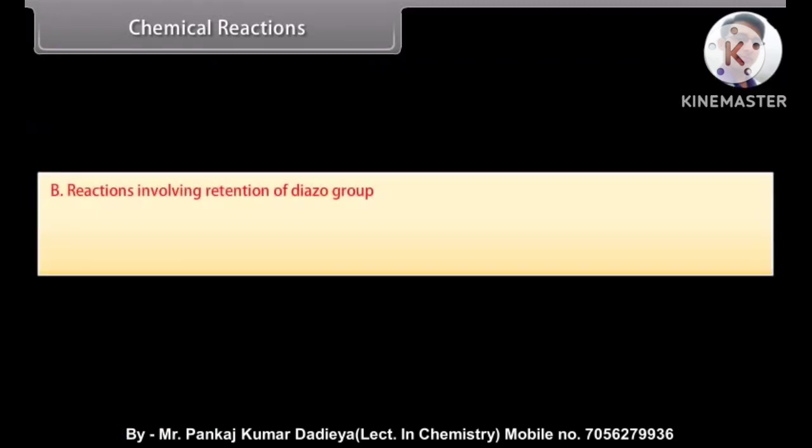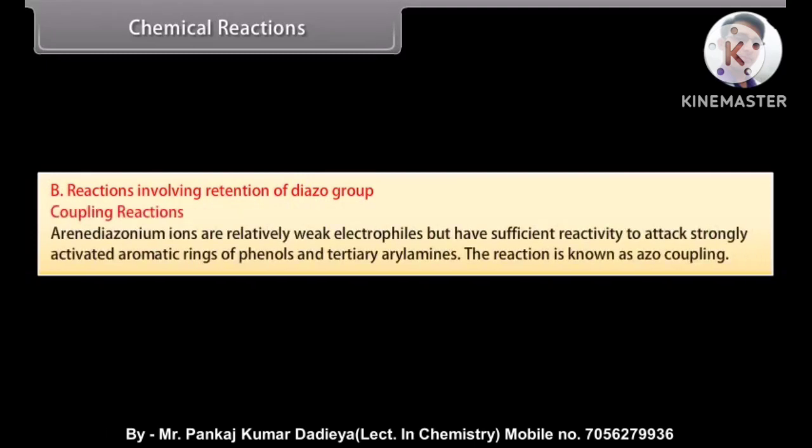Reactions involving retention of diazo group. Coupling reactions. Arene diazonium ions are relatively weak electrophiles but have sufficient reactivity to attack strongly activated aromatic rings of phenols and tertiary aryl amines. The reaction is known as azo coupling.